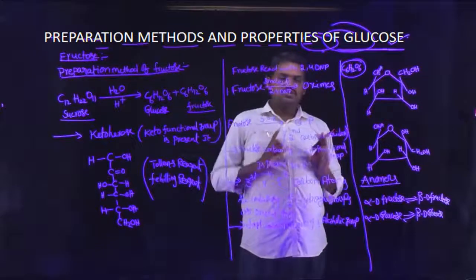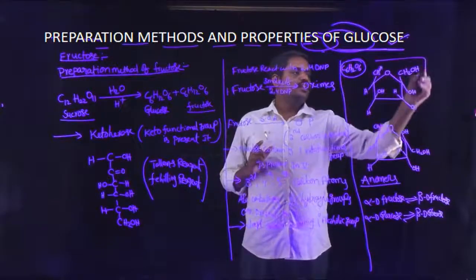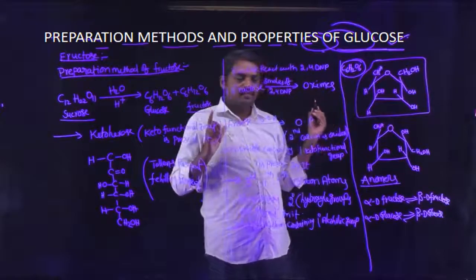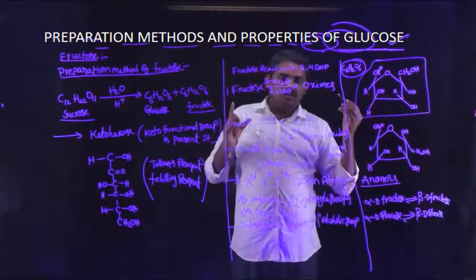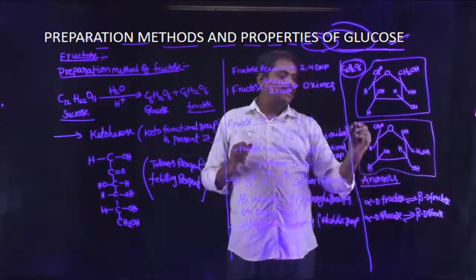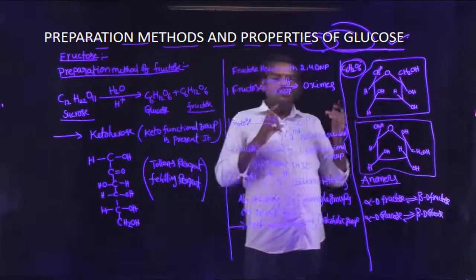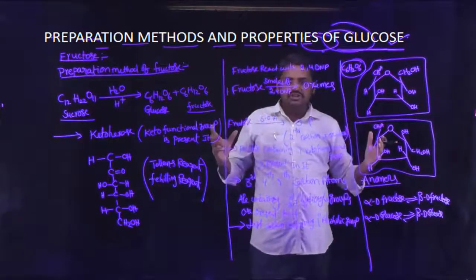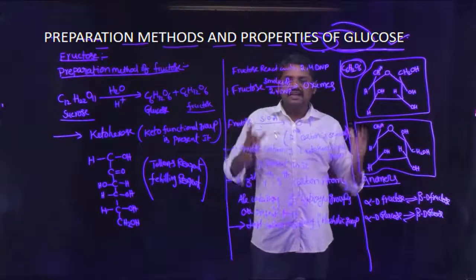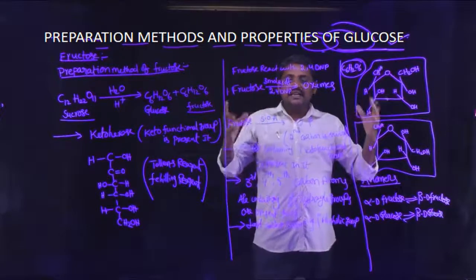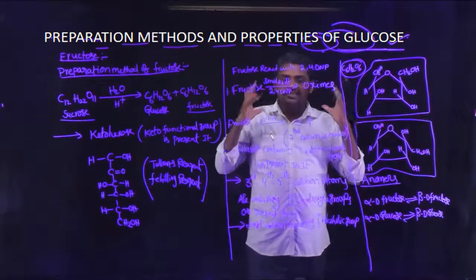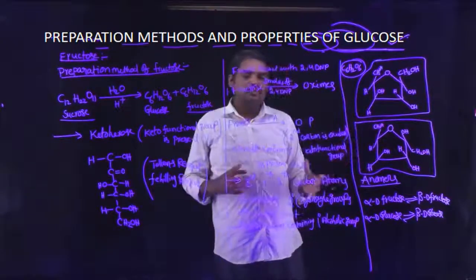Similarly, in this structure, alpha D fructose and beta D fructose, this is the furanose form of the structure. Both structures are almost similar, but only one difference is there. That difference is the second carbon configuration. Those units are known as anomers.